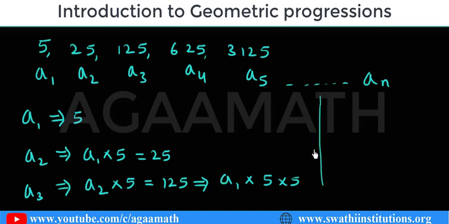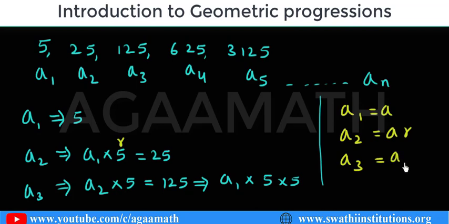Why would I like to represent that in this form? Let A1 be indicated with A, so A2 is A into R. The constant value which is multiplied is taken as the ratio, so that is R. Now A3 is A2 into 5, or A1 into 5 into 5, that is 5 into 5 into 5, which is 125.